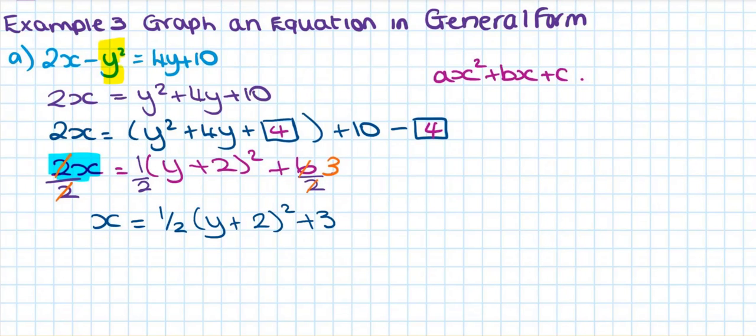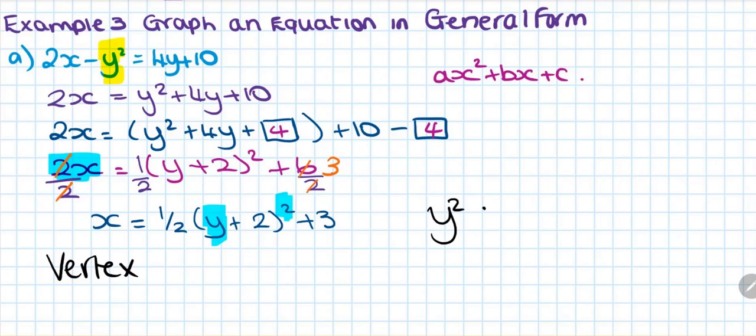Okay, so the next thing we need to do is find the vertex. This graph is the graph of y squared, which we know from here, and y squared graphs will either open to the left or to the right.